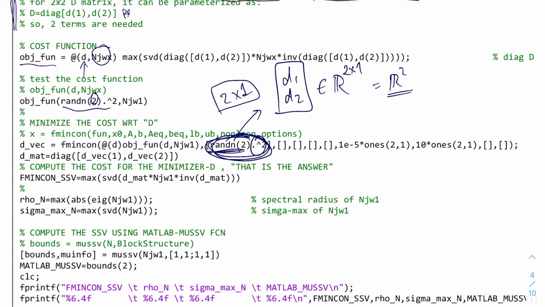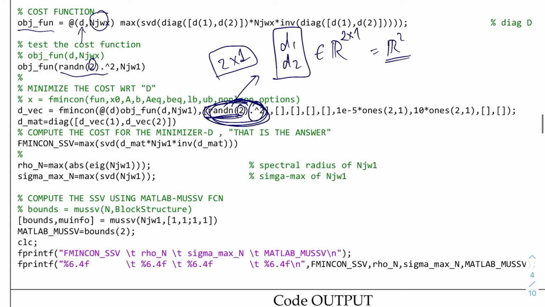So I'm not sure, I feel like that would give us a 2 by 2 matrix. I checked that the code works, but I got hesitant.